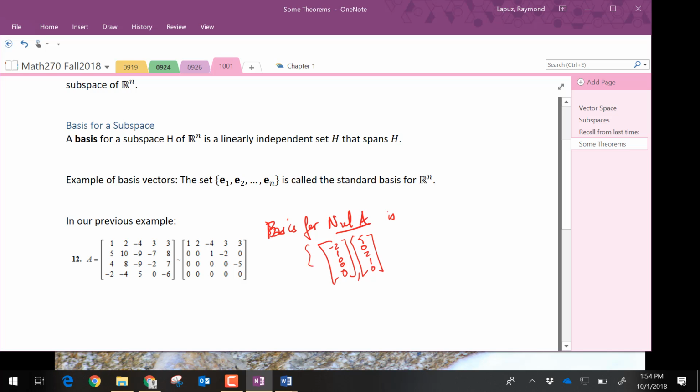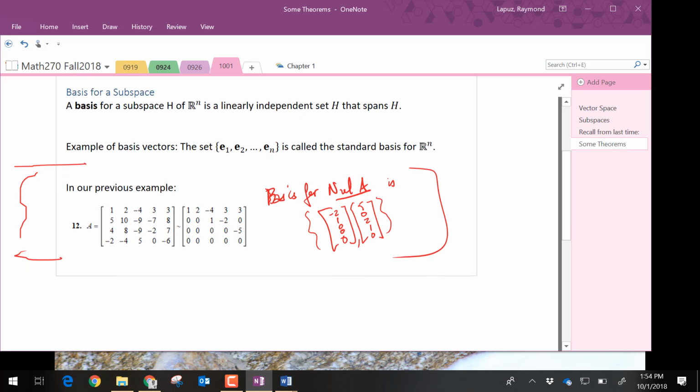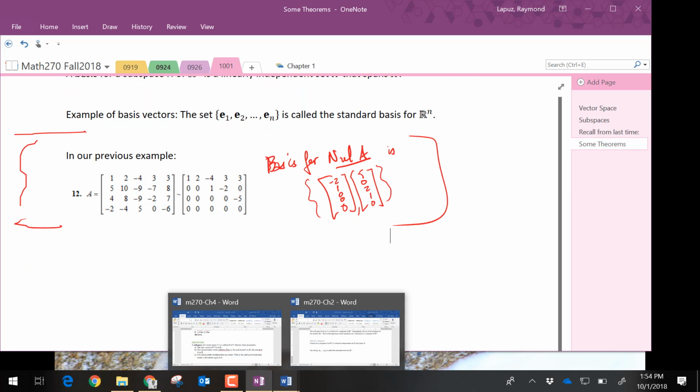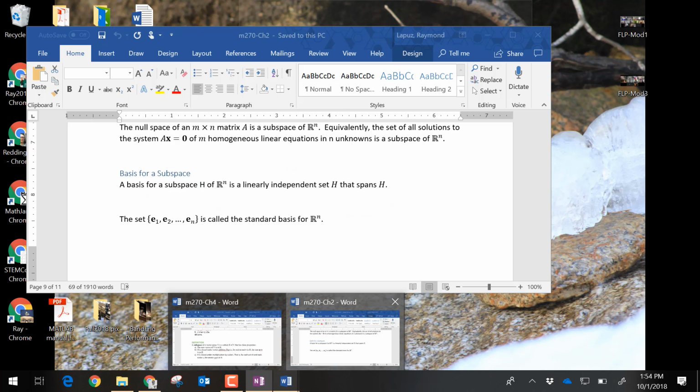So in this case, because the null space spans everything, this is a basis. Let's see.